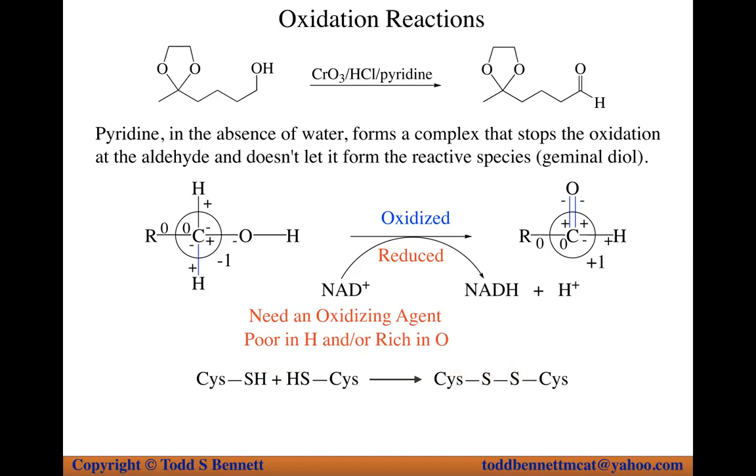So what I'm going to ask you to do is decide, is this oxidation or reduction? So we've lost two H's. Loss of hydrogen and or gain of oxygen is known as oxidation. Okay, so this is an oxidation reaction.